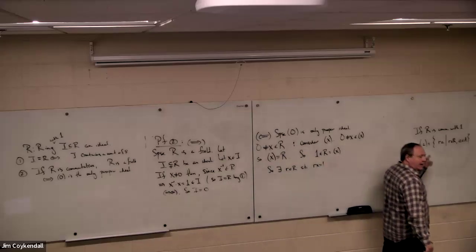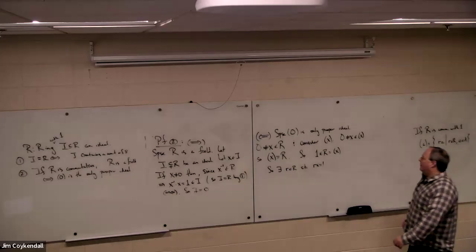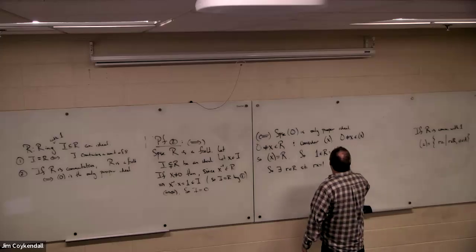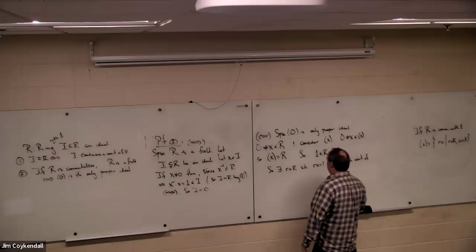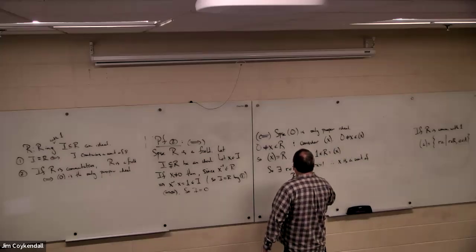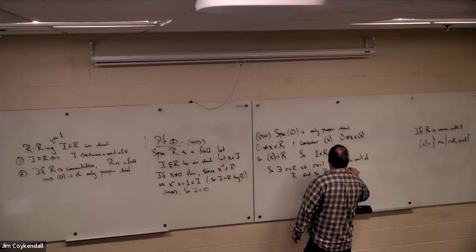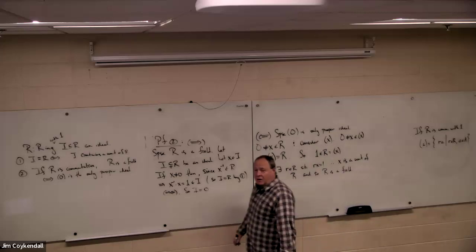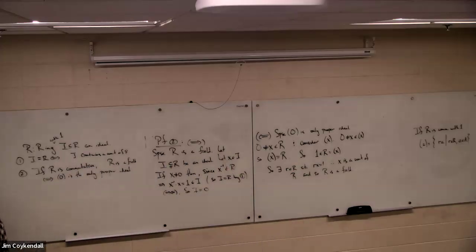For the typical element, the ideal generated by X is just R times X. Therefore, X is a unit of R. So any non-zero element X has an inverse.